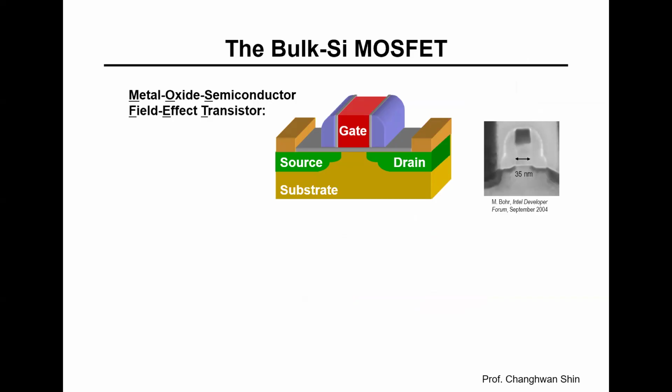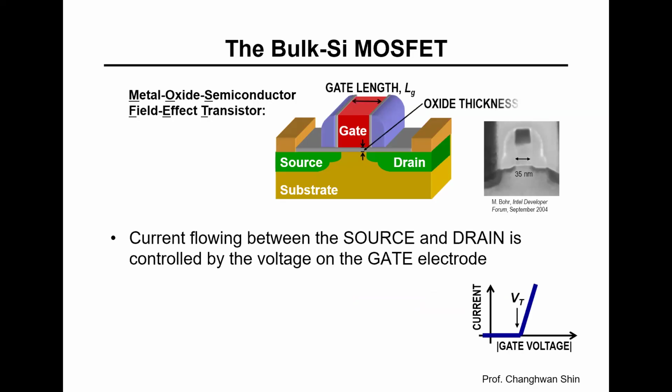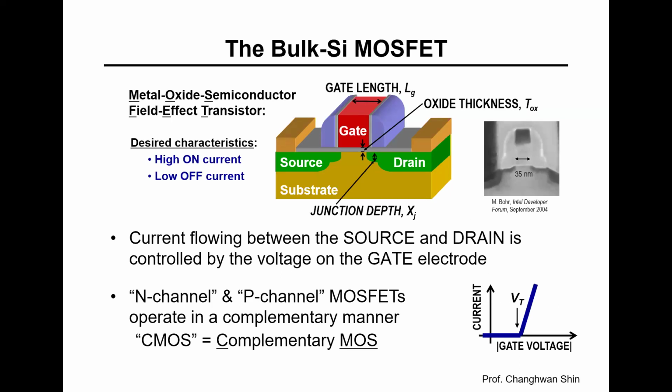So now let's take a look at the 3D bird's eye view of planar bulk silicon MOSFET. Okay. So the bulk silicon MOSFET represents the classic device architecture that has dominated computing for decades.